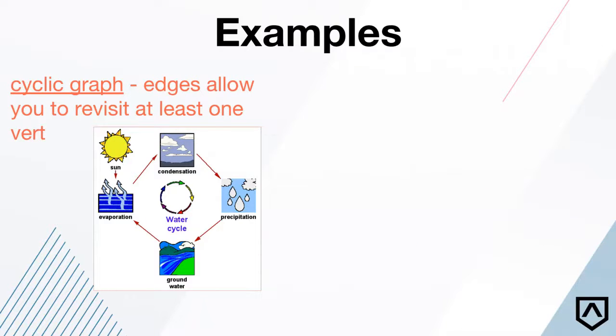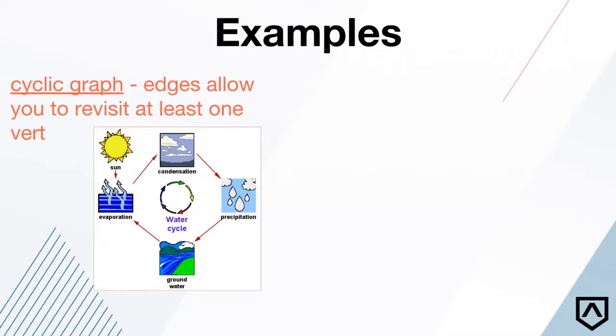Additionally, we can also classify graphs as cyclic. So what does that mean? Think cyclic, cycle, something that repeats, something that you do more than once. So a cyclic graph is simply a graph that allows you to revisit at least one of your nodes, one of your vertices, more than once.